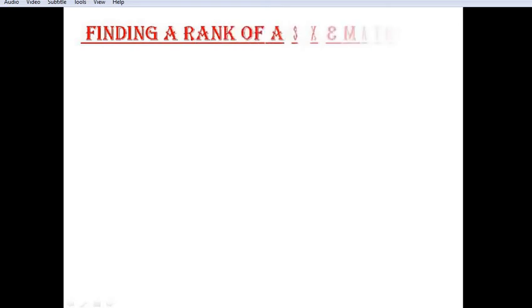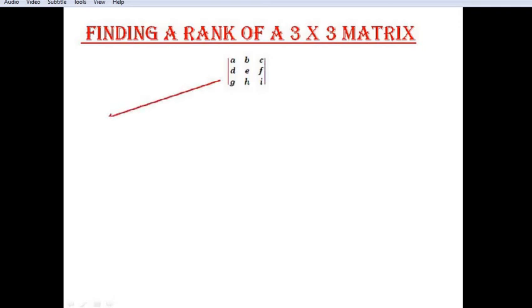Last class we learned how to find the rank of a 3 by 3 matrix. Here we are taking a sample 3 by 3 matrix. First, what is the method to find the rank? First we have to check: is it a 0 matrix? If it is a 0 matrix, that means all elements are 0, then the rank is 0.